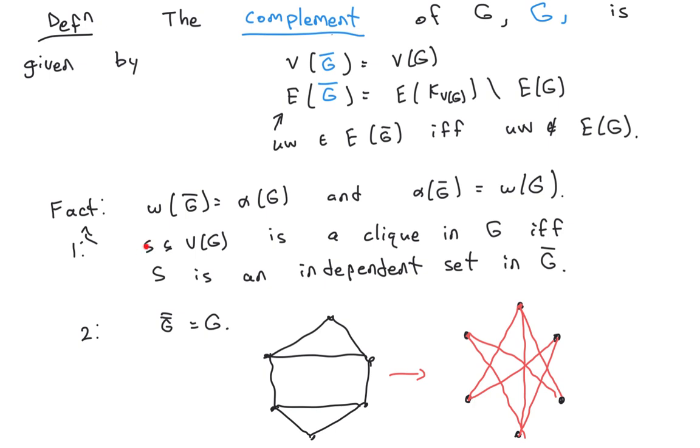So you get a clique in the original graph if and only if you get an independent set in the complement graph. The other important part that's used to prove this result in both directions is to note that if you take the complement of the complement, you get the original graph back.